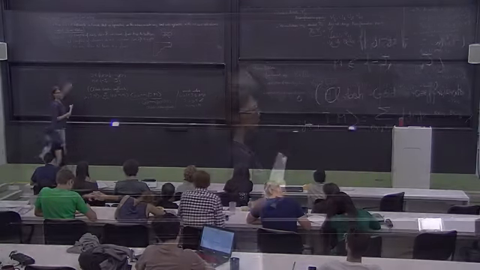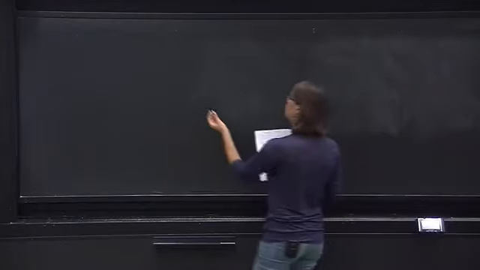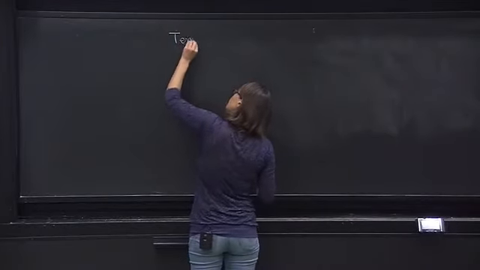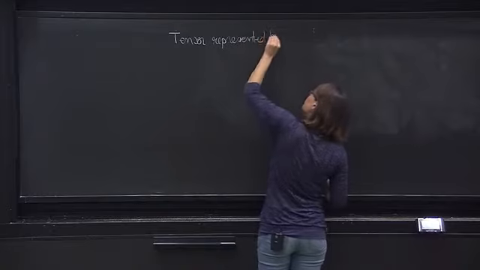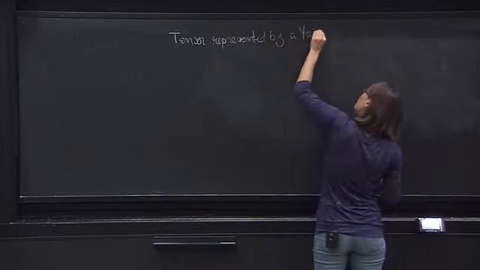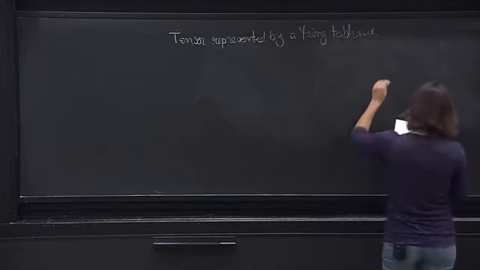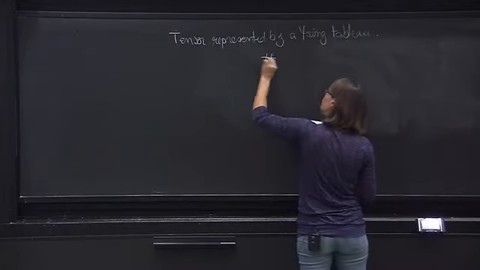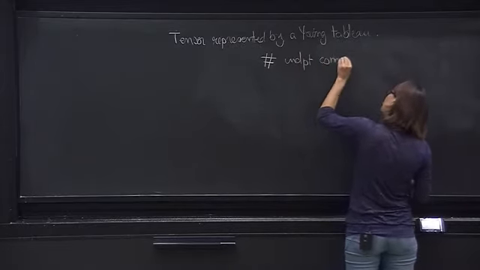For each tensor represented by a Young tableau, the number of independent components can be easily counted, but you need the recipe.